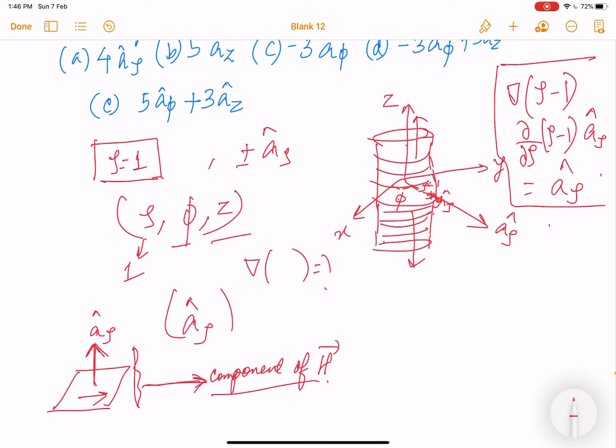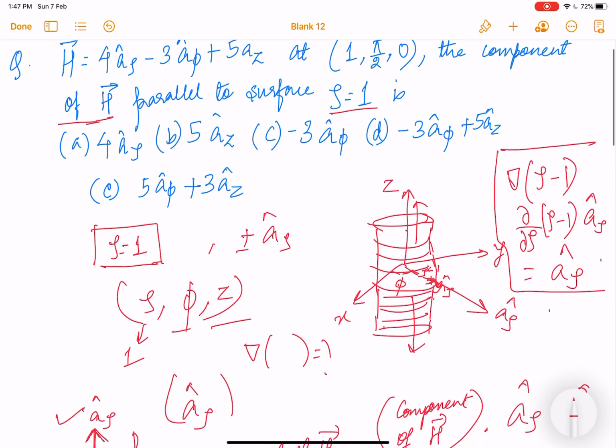So I can say that the dot product of this component and this unit vector normal to the surface will be 0, because cos 90 is 0. This is pretty simple, you must understand it. Let me write it over here: some component of H vector dot a rho cap, I'll get 0.